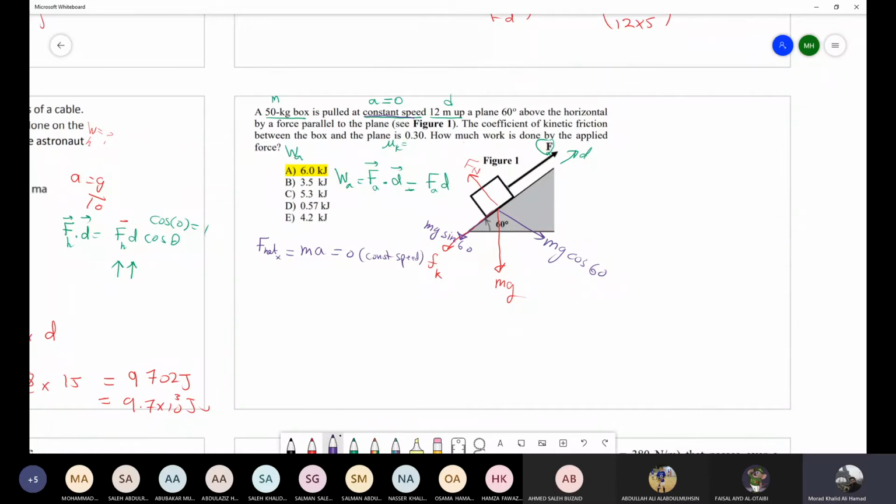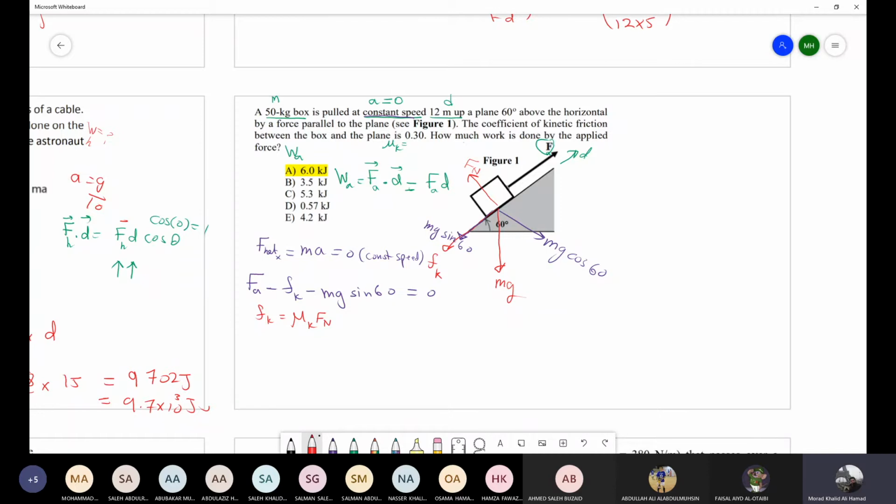Right? What is the F net in the x direction? We have F applied to the right minus friction force minus mg sine 60, and this equals 0. But I know that Fk is equal to mu k Fn.